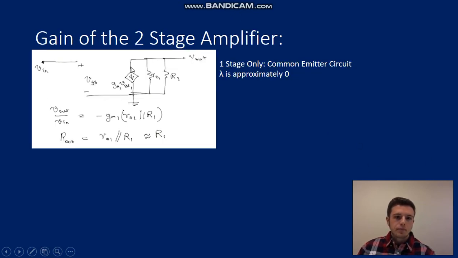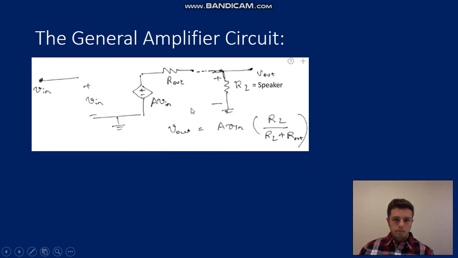Moving on to the gain of a two-stage amplifier. With one stage only, it is a common emitter circuit as seen here, and our lambda in this case is approximately 0, and R naught 1 is inversely proportional, so it will be a large value. Therefore, the path of least resistance in this case goes through R1 and then as R out.